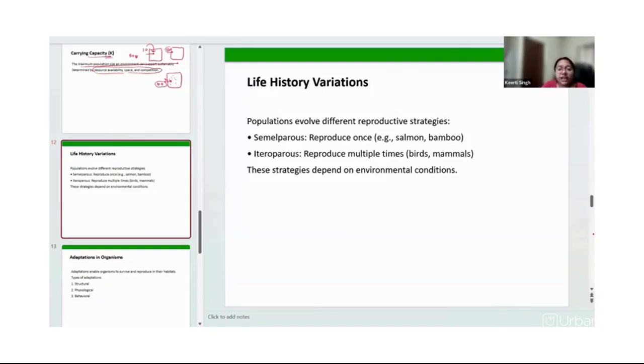For example, some organisms reproduce only once, for example the fish salmon, and some reproduce multiple times, for example birds and mammals. These depend upon the type of environment we are in, the type of condition we are facing at that particular time, right? So it varies from individual to individual.